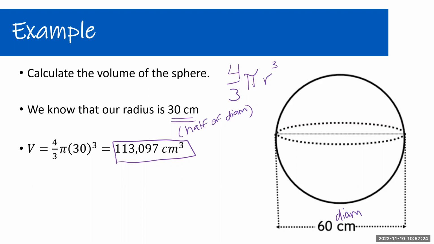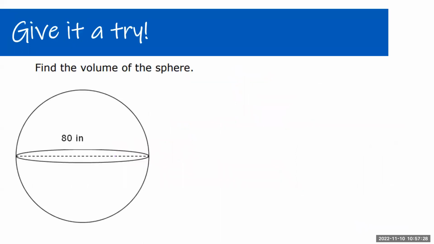Please make sure that you can replicate these in your own work. Go ahead and pause and take a moment and solve this one, the volume of this sphere. Remember what we need, volume is 4/3 pi r cubed. We know that r here has to be 40 inches, because this is the diameter.